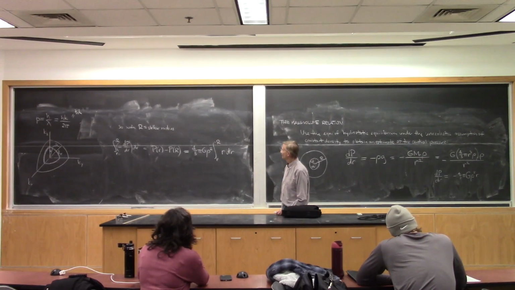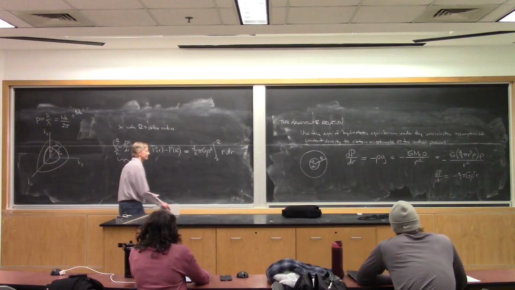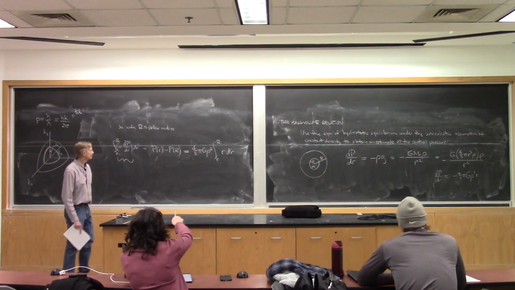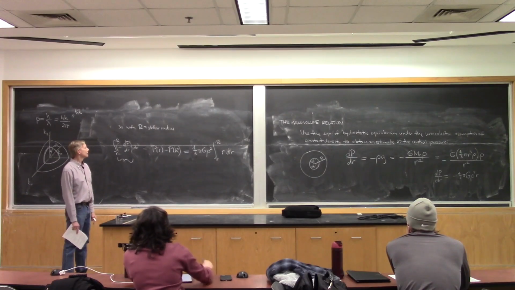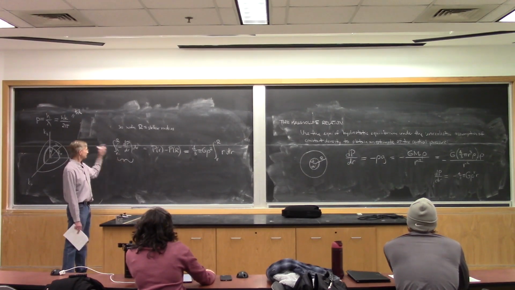Since we put the limits, would it not be big R in the bottom? No, because minus dp dr here is the stuff without the minus sign in front.